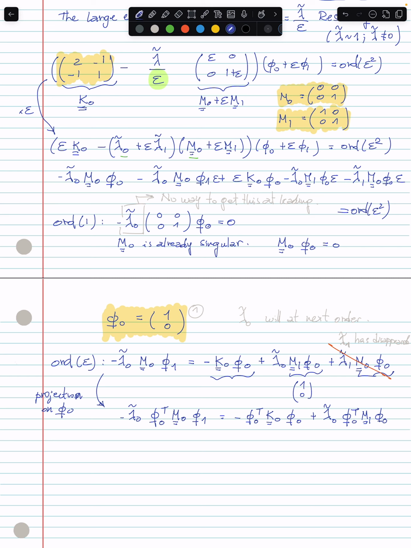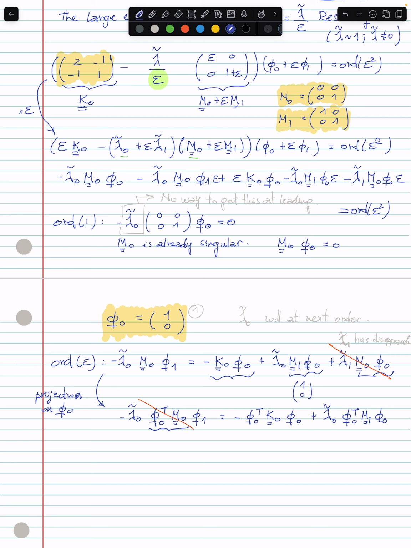Okay, so furthermore, we recognize here something that should be equal to 0 because m0 is symmetric. And because m0 is symmetric, we still have m0 phi 0 is equal to 0. So this disappears, and we have a very simple equation then to determine lambda 0 tilde.